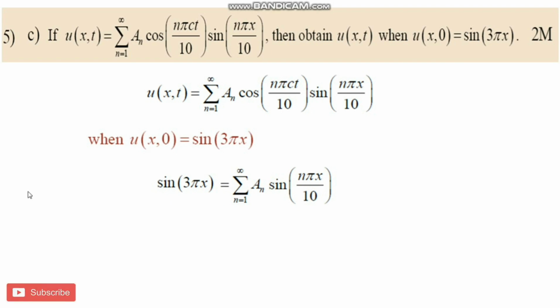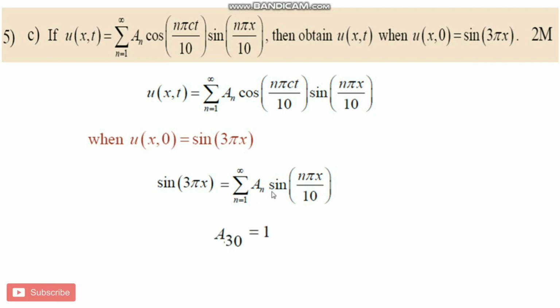So we have only one non-zero coefficient. Comparing, n/10 is equal to 3, which means n is equal to 30.